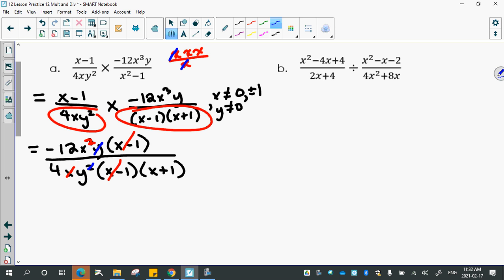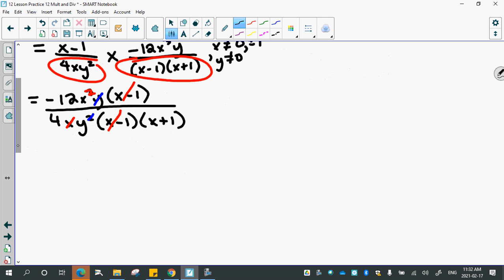And what about negative 12 divided by 4? It's negative 3. It reduces to negative 3. So I'm not going to show that here, but I'm just going to write negative 3, because negative 12 divided by 4 is negative 3. So what else is left on the top with the negative 3?